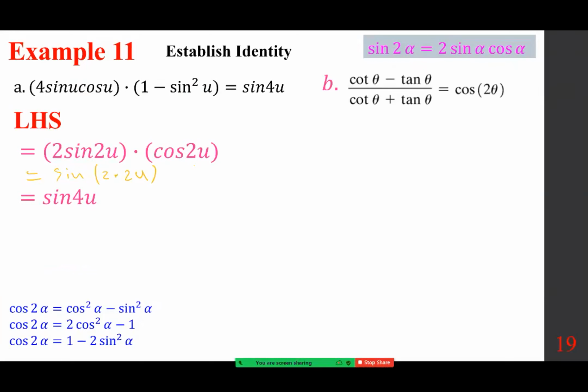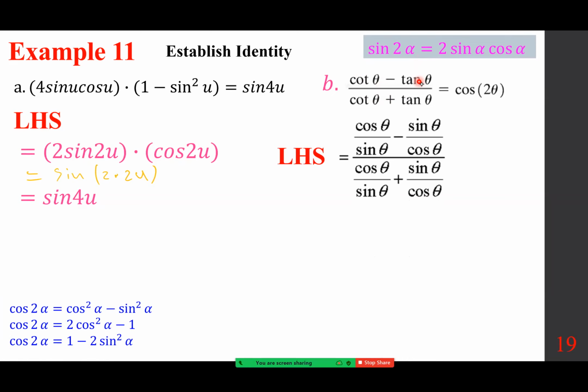All right, we want to establish this. We start with the left-hand side, which is more complicated. We're going to change everything to sine and cosine, which means this is cosine over sine, this is sine over cosine.